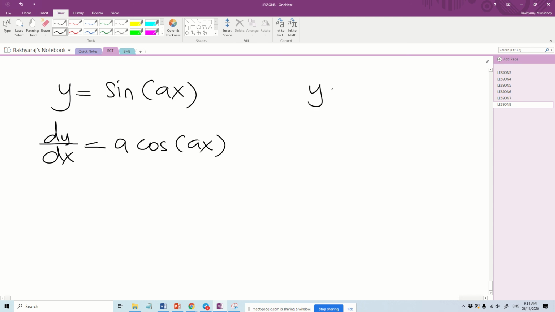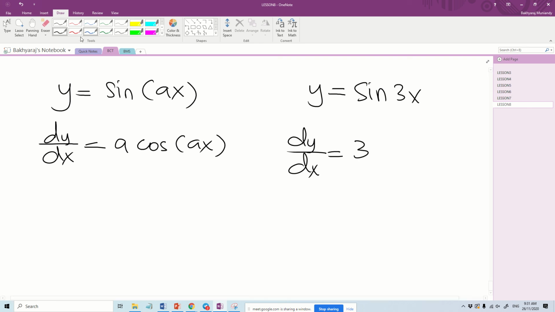Example, let's say we have y equal sin 3x. When you differentiate, dy/dx will be equal to 3. Maksudnya inilah a saya, this is my a. So 3, then you get cos 3x.